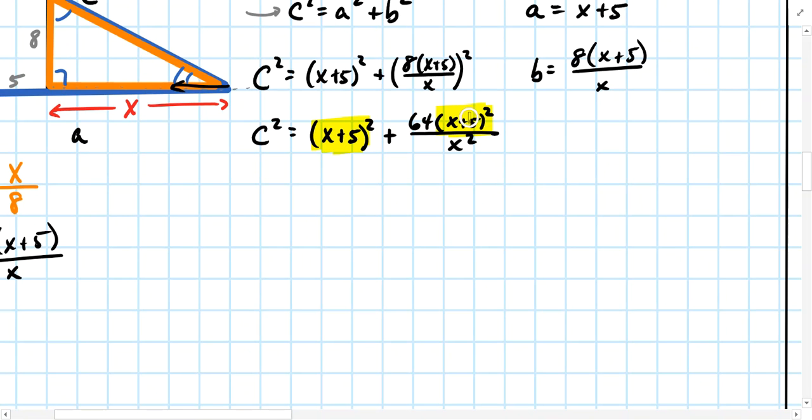This x plus 5 squared is a common factor to these two terms that are separated by the addition sign. And so if I write x plus 5 quantity squared as a common factor, and I factor it from this term, I'm left with the number 1. And if I factor it from this term, I'm left with 64 divided by x squared.